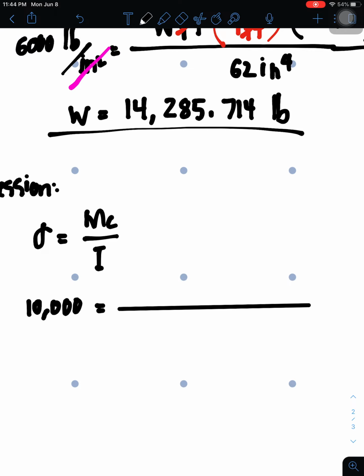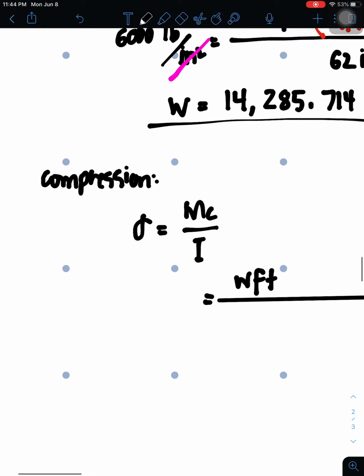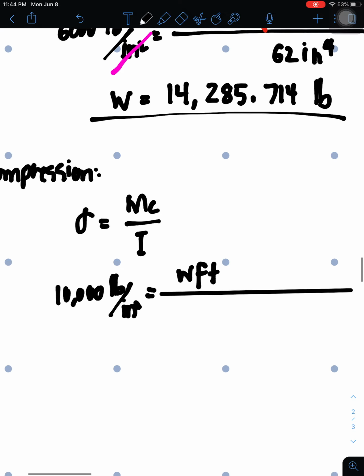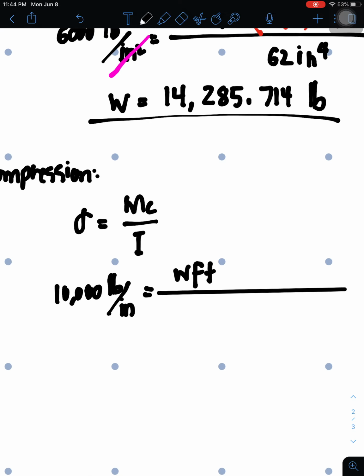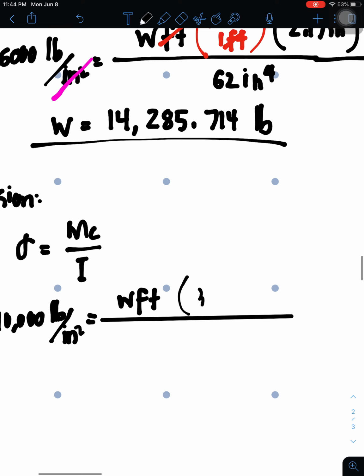And then here, this is W feet. I'll just put the units. This is 10,000 pounds per square inch, to be multiplied by 3.83 inches.